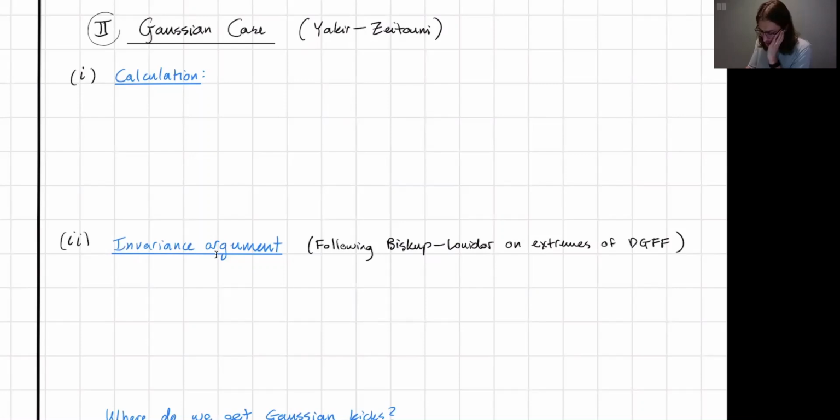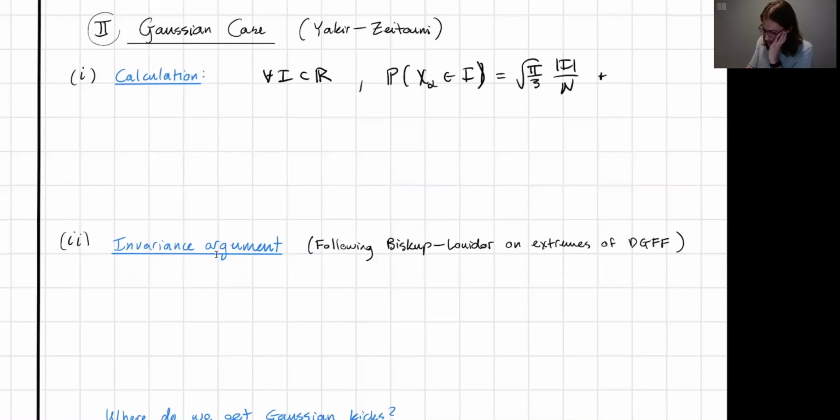The intensity is the easy part. You can just do a Gaussian calculation that says that for any interval in the real line, the probability that one of these points lies in that interval is root pi over 3 times the length of the interval over capital N, plus lower order terms.